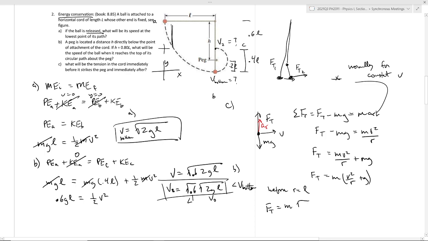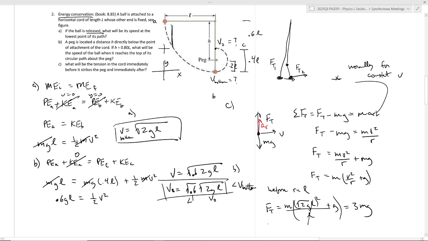So square root of 2GL, squared, over L plus g. So notice this is going to become 2GL over L. And so we have 2g plus g. This will become 3mg, so 3 times the weight before it hits the peg.